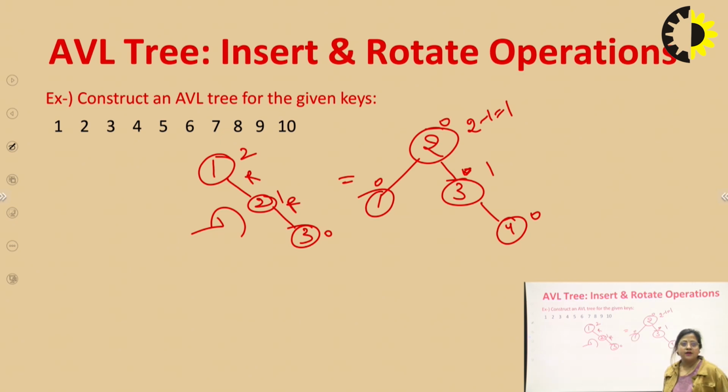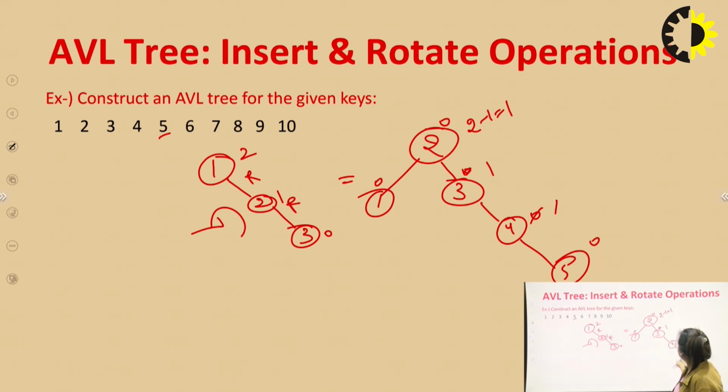Now comes the next node, that is 5. So where will 5 come? Here after 4. Again check what? Balance factor. According to this, the balance factor is 0. Now here the balance factor is 1.